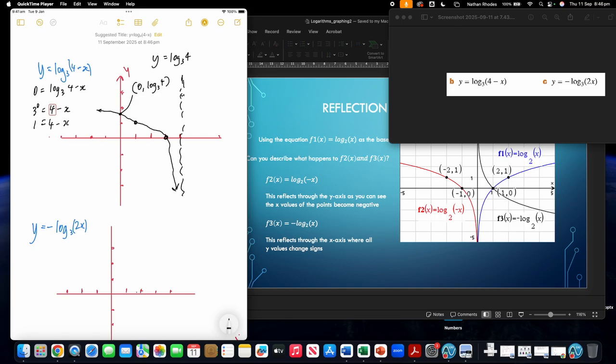Now, what would I put in? I would put in maybe minus 5. Because if I put in minus 5, and we know it's log base 3, I'm thinking of 9, and 9 is 3 squared.